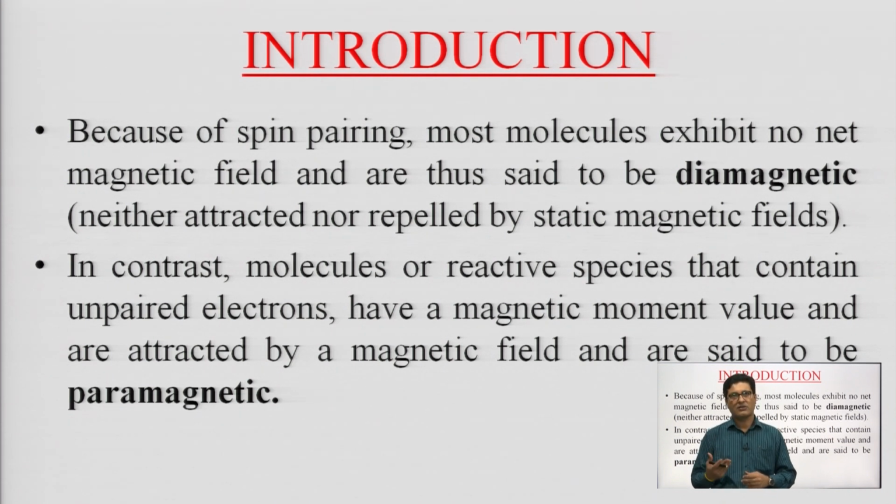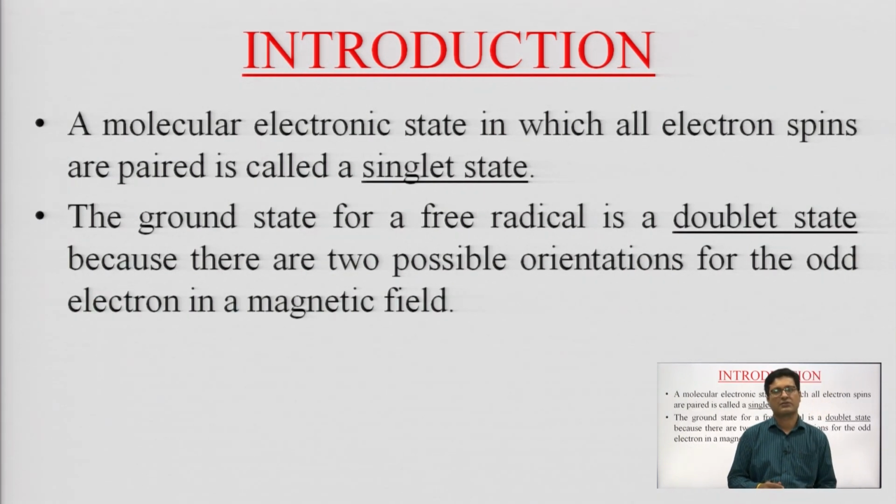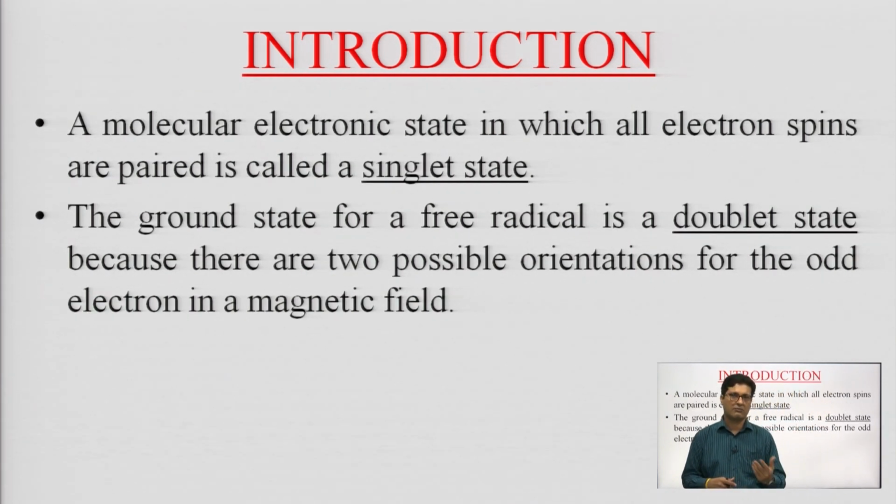In contrast, molecules or reactive species that contain unpaired electrons have some value of magnetic moment and are attracted by the magnetic field, and those are known as paramagnetic compounds. So, this spin state can make a compound diamagnetic or paramagnetic as per its behavior in the static magnetic field.